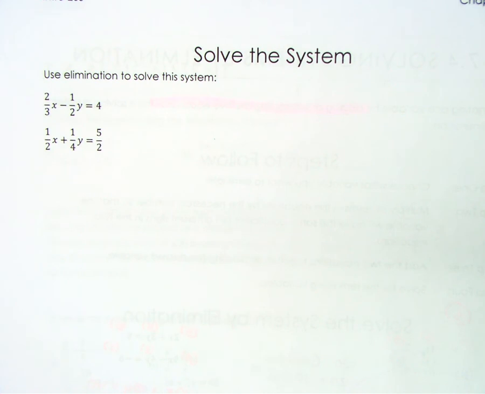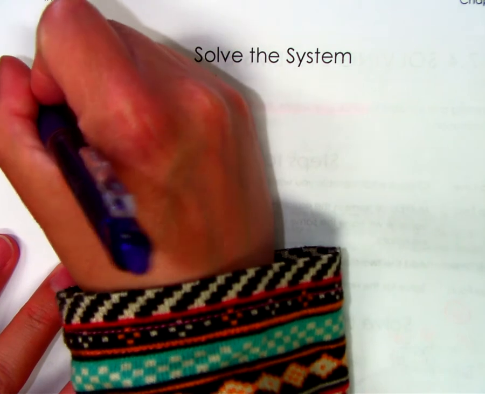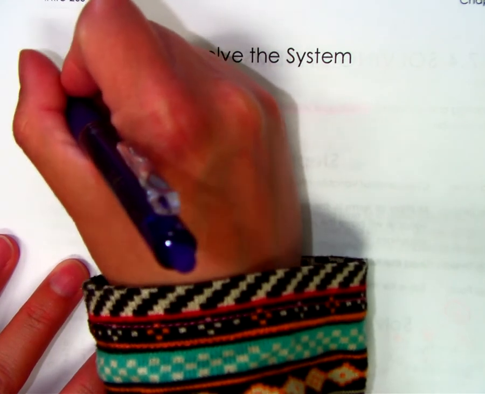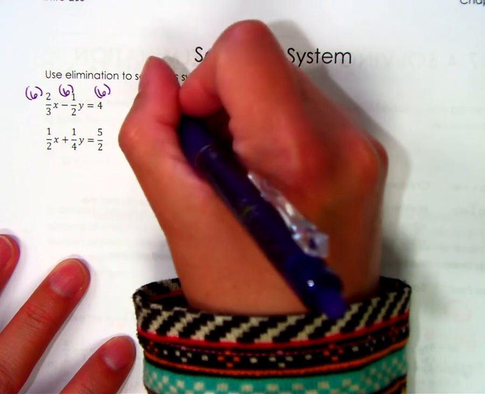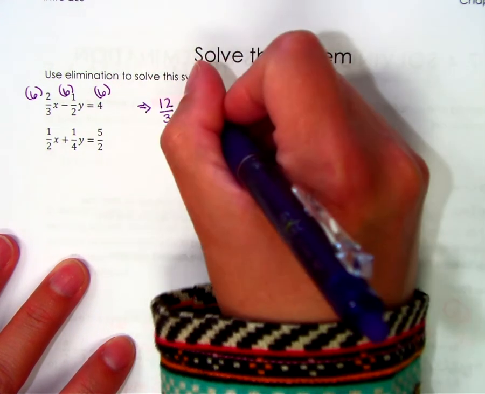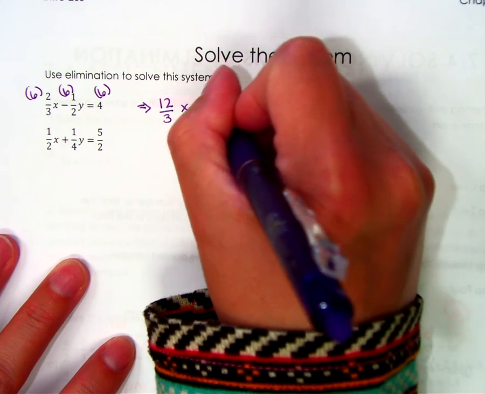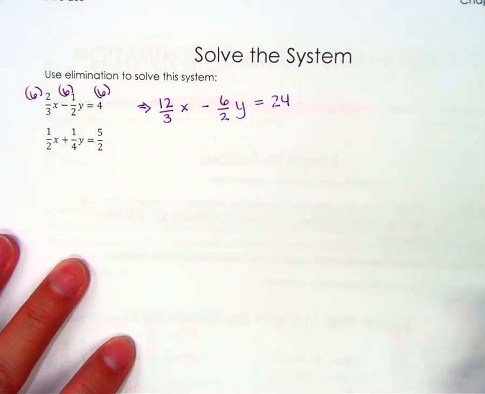So if I want to eliminate denominators, I'm going to multiply every term by 6. So I'm going to get 12 over 3x minus 6 over 2y equals 24.